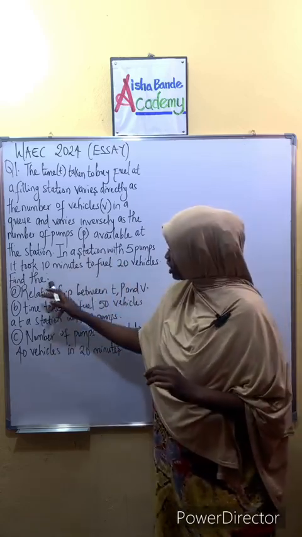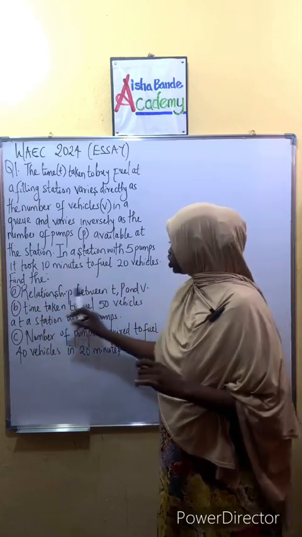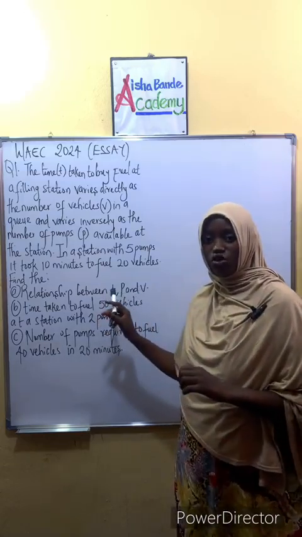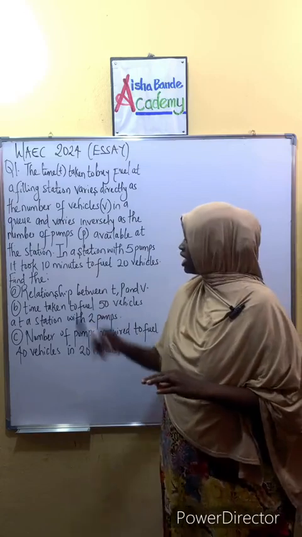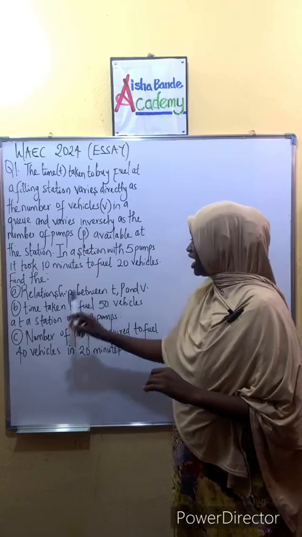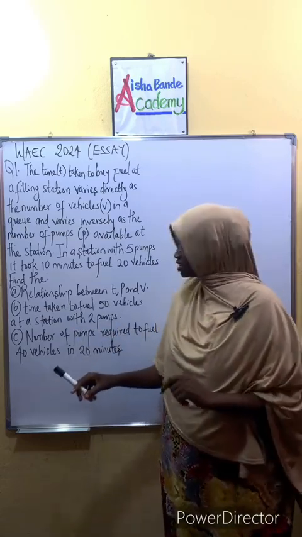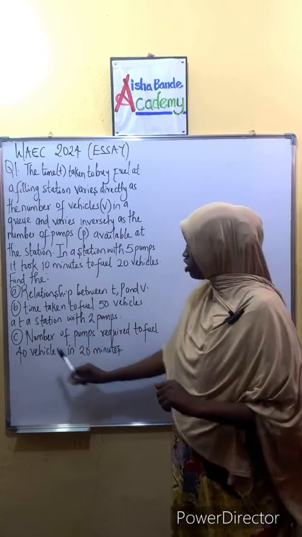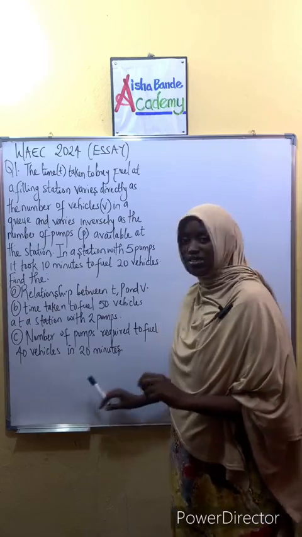So the first question is to find the relationship between T, P, and V, where T is the time, P is the number of pumps, and V is the number of vehicles. The second says we should find the time taken to fuel 50 vehicles at a station with 2 pumps. While the third question says find the number of pumps required to fuel 40 vehicles in 20 minutes.